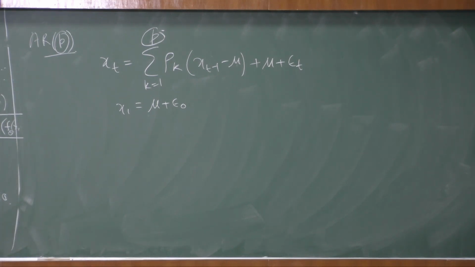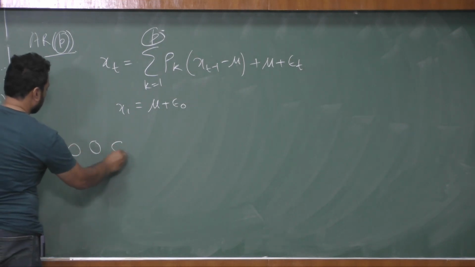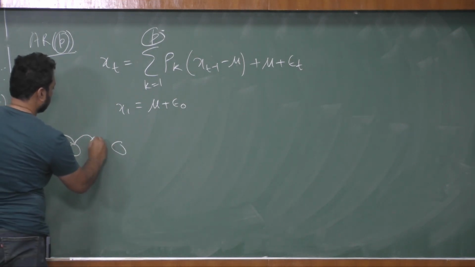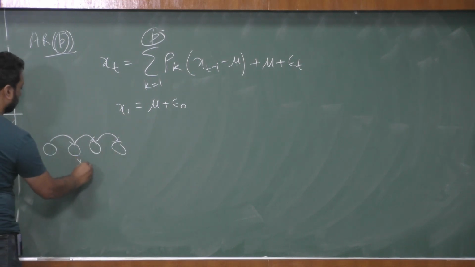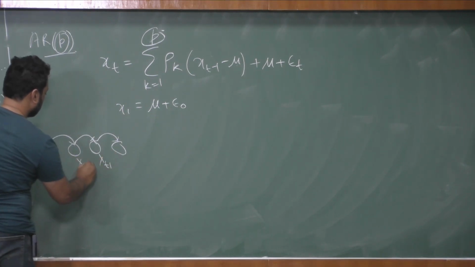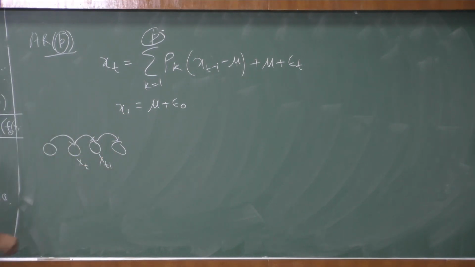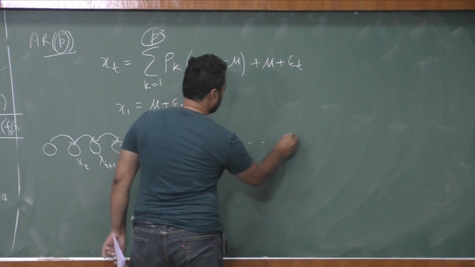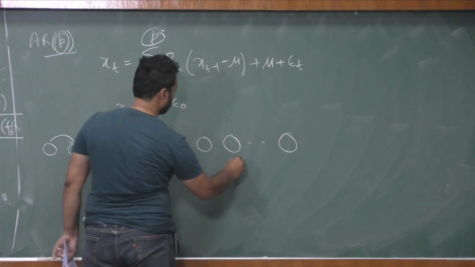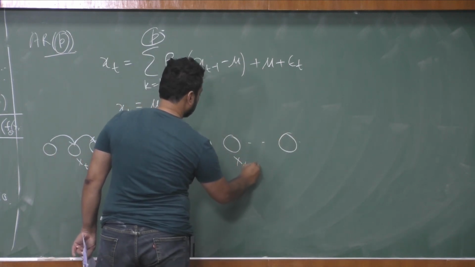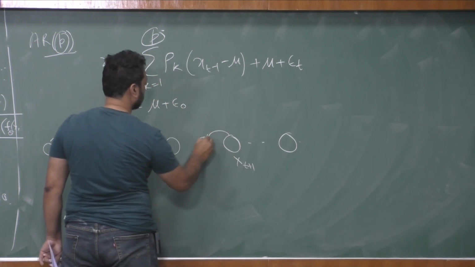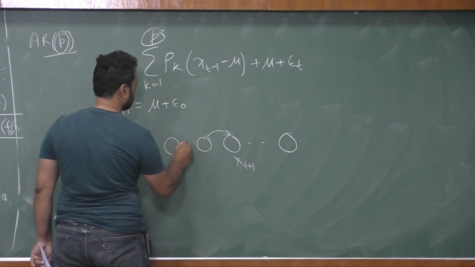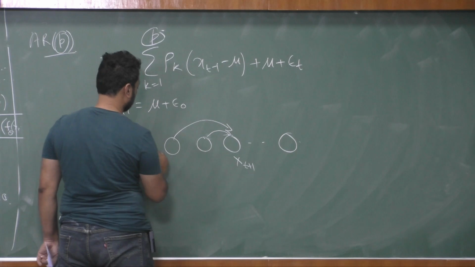Because in the previous one, AR1, we have a Markov assumption: xt plus 1 is written in terms of xt and so on. But here we have a more generic assumption, where xt plus 1 looks at all these previous ones as well.